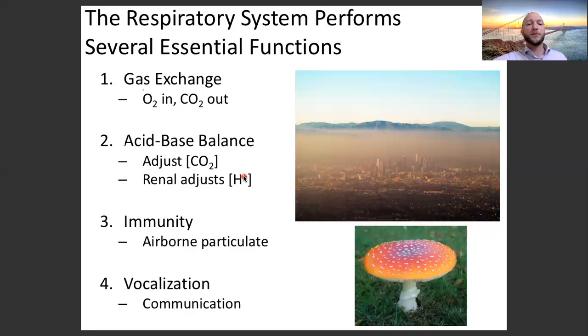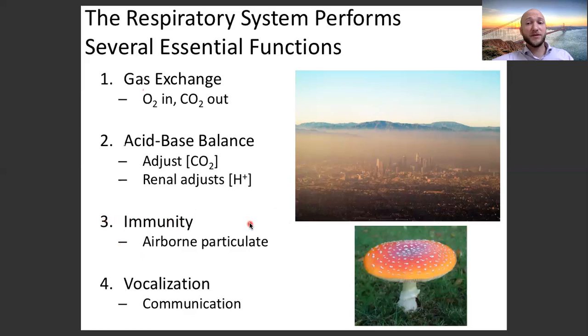The respiratory system also provides immunity. The respiratory system is a door into our body. We're bringing things in and we're letting things out. It's kind of a weak point for bacteria and viruses. And so we need to have a strong immune presence within our respiratory system.